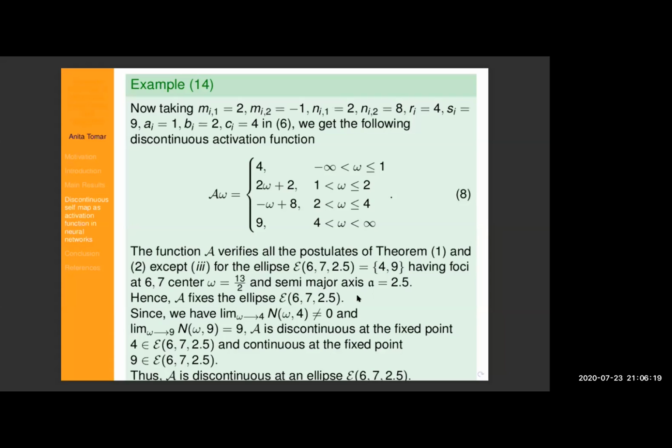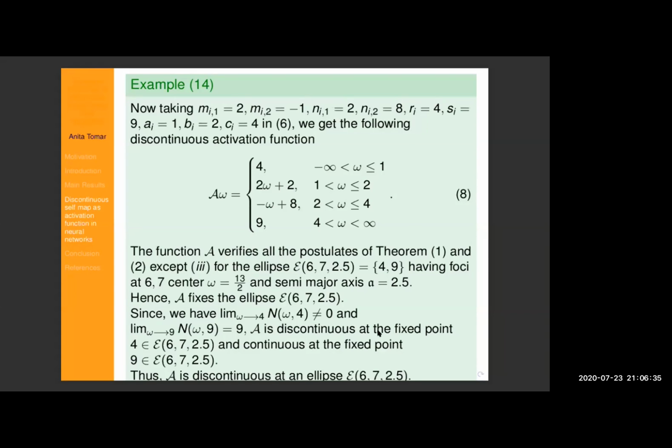So if we calculate the value of NW4 as limit W tends to 4, then this limit is not equal to 0. And if we calculate NW9 as W tends to 9, then this is equal to 9.